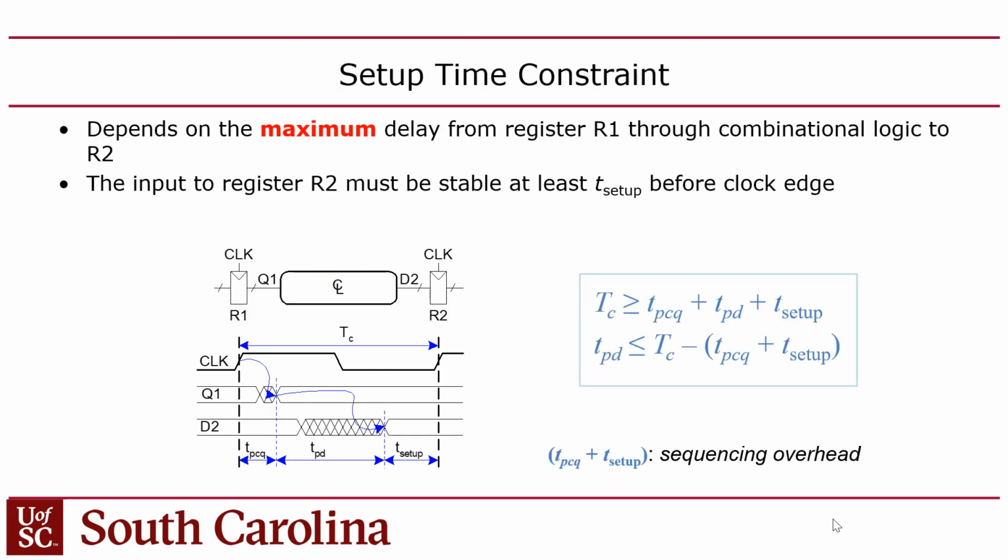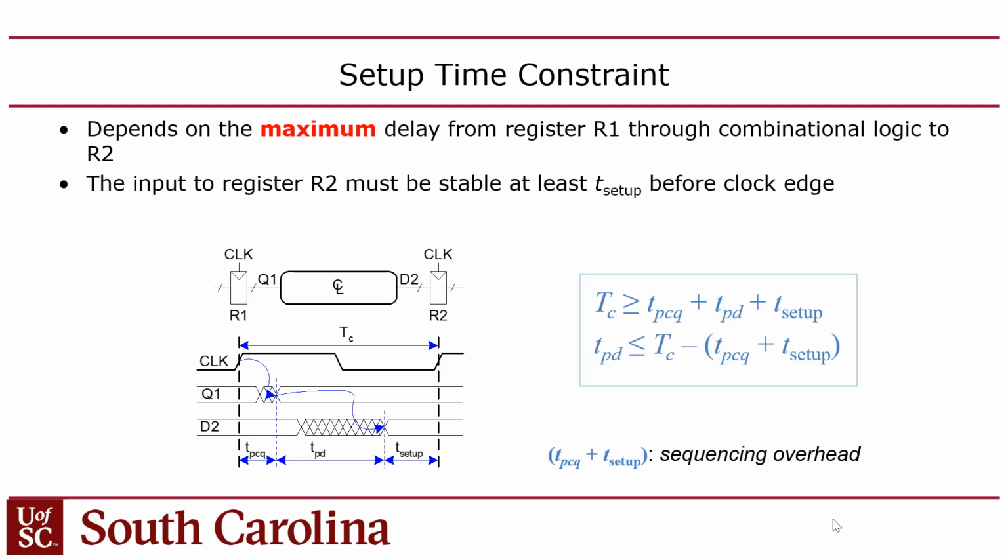So basically, as I mentioned, for the setup time, the clock period TC has to be greater than or equal to the propagation delay of the logic plus the setup time. But there's also an additional term, TPCQ, the propagation delay of the flip-flop. The register itself has a propagation delay from the time you get the clock edge to the time its Q output actually changes.